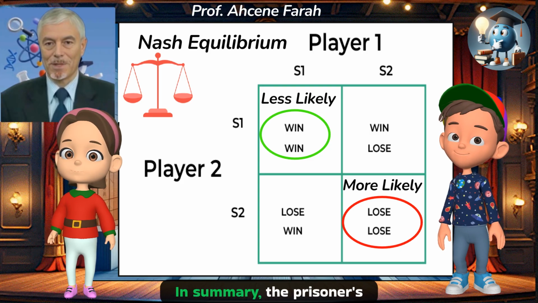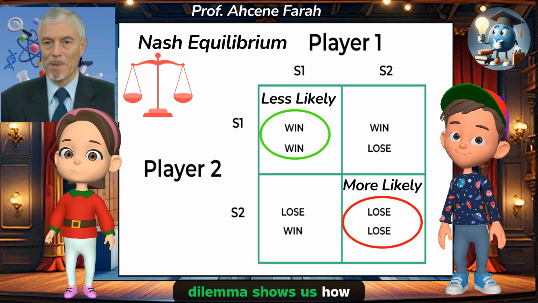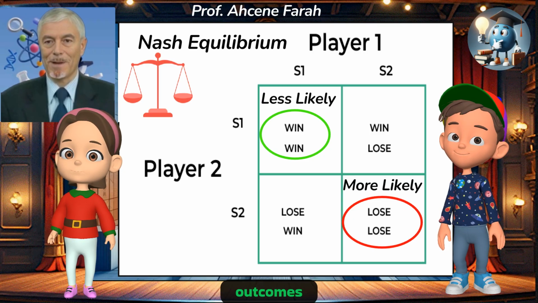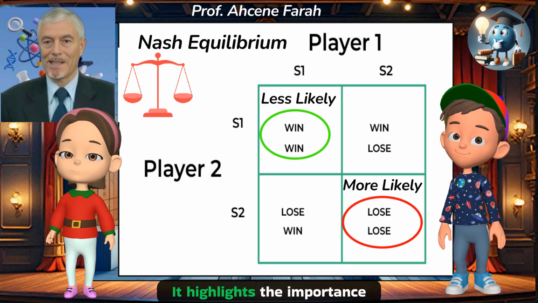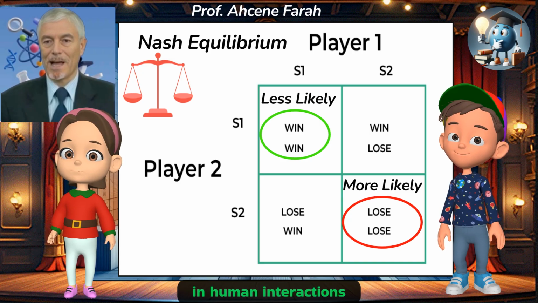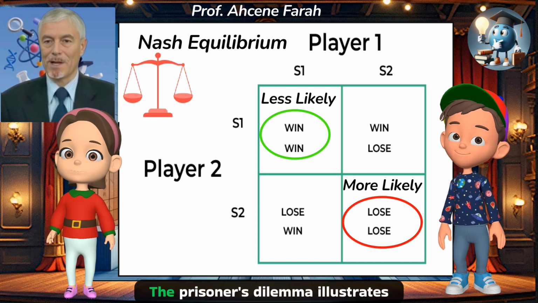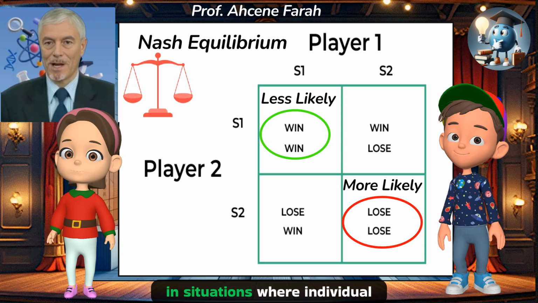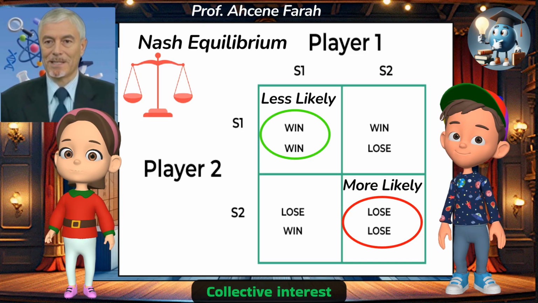In summary, the prisoner's dilemma shows us how rational individual choices can lead to suboptimal collective outcomes. It highlights the importance of cooperation and trust in human interactions. The prisoner's dilemma illustrates the difficulty of cooperating in situations where individual interest may conflict with collective interest.